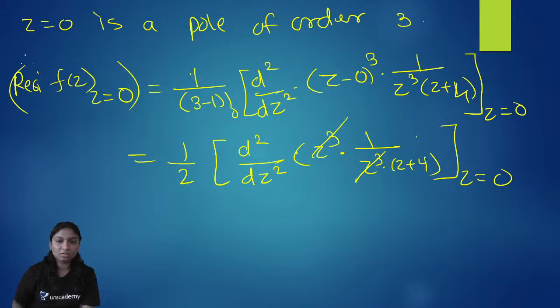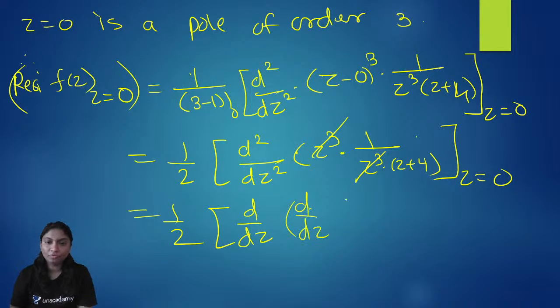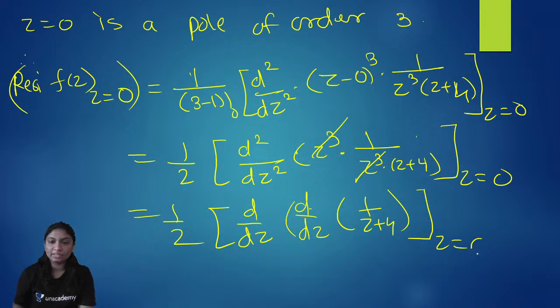We will differentiate 1 upon z plus 4 two times. So we get 1 by 2 into d by dz of the derivative of 1 upon z plus 4, at z is equal to 0.